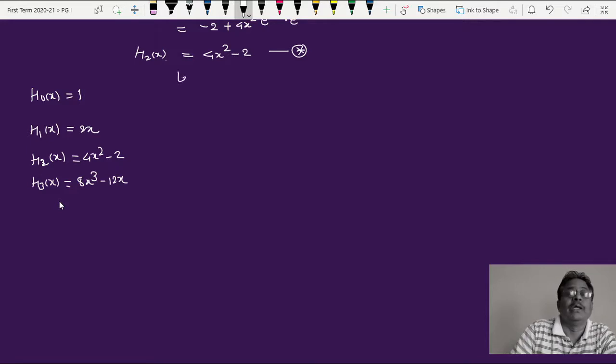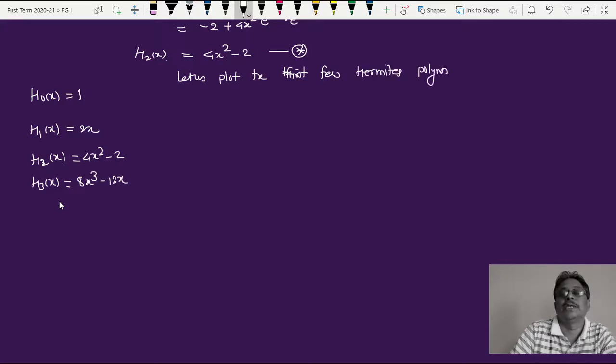Now let us plot the first few Hermite polynomials. Just try to plot this. If you want to plot, you can. This is a very simple function.